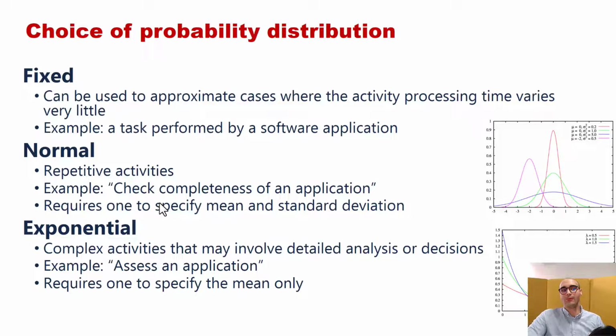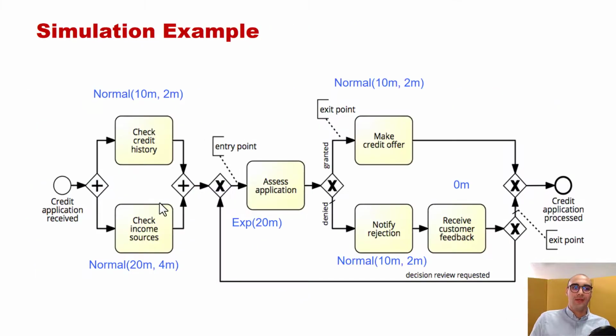So now we have distributions, and from each distribution we can draw a value for the execution time of the activity. So for our example, we can set the check credit history to be a normal with a mean of 10 minutes and a standard deviation of 2.